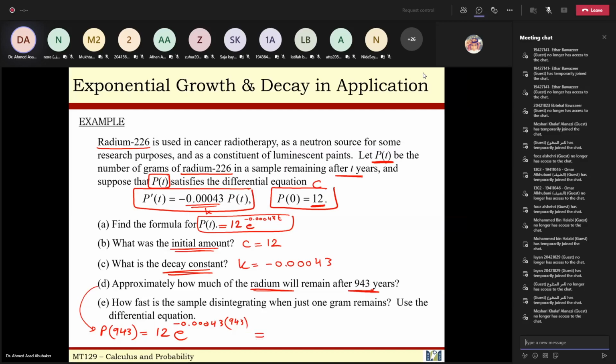Using the calculator, this is equal to around 8 grams.